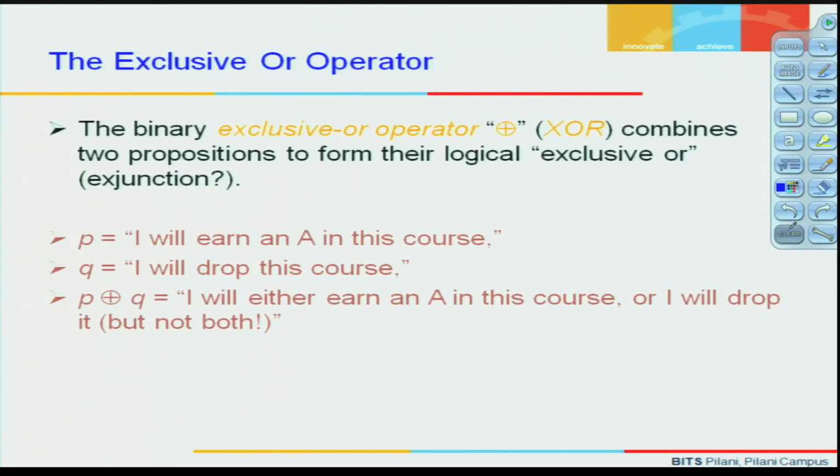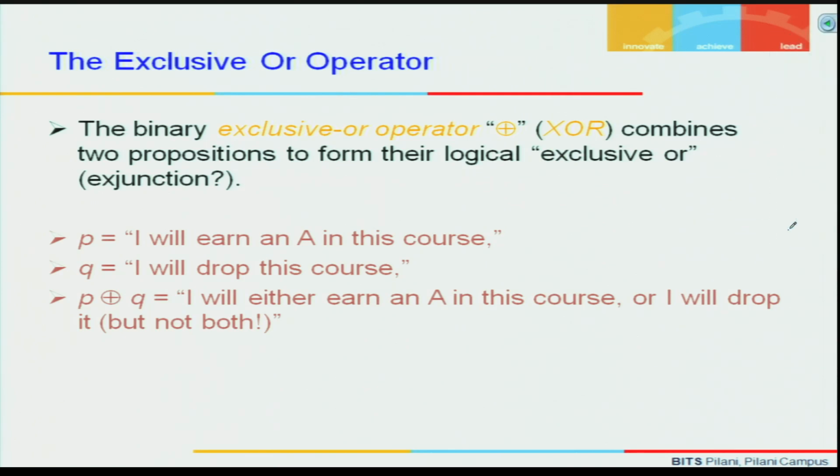We will see another binary operator, and that is called the exclusive OR operator. It combines two propositions to form their exclusive OR. You may call it an exjunction, because the other is conjunction. You can call it exjunction because it excludes things. Let us see what we mean by it excluding some things.